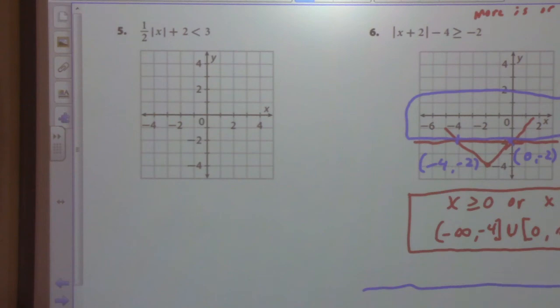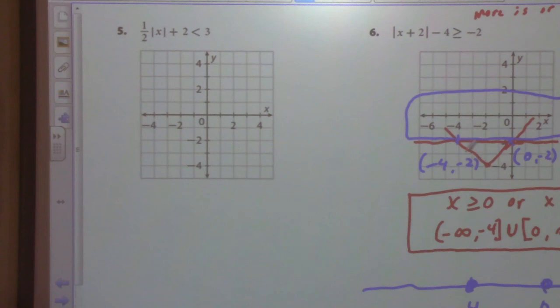Yeah, so sometimes what you can do, if it might be helpful to you, is build your own number line right below it here and put a 0 and a -4. Then you could look and say, well, this is below the line, but it says greater than. So greater than is going to be on the extremities, and it says equal to, so it's going to be like this.